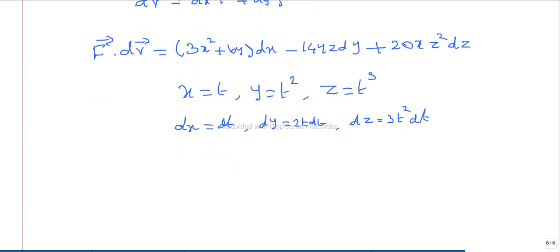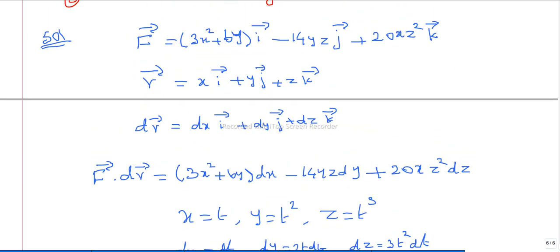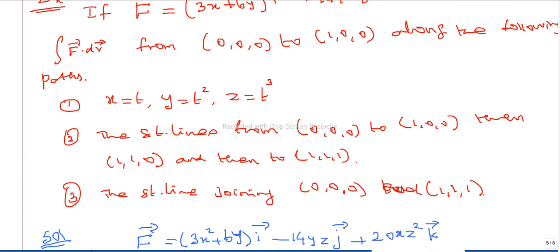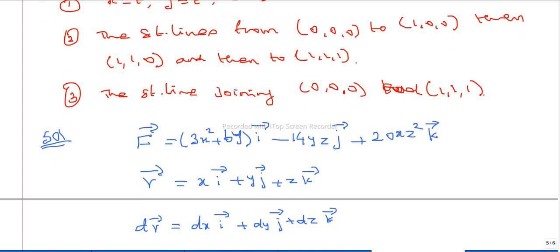Actually, we are moving from the point 0, 0, 0 to the point 1, 1, 1. Now, what is the value for t?